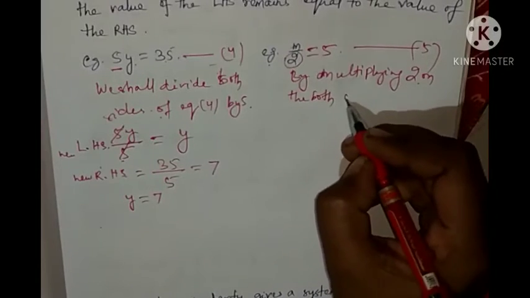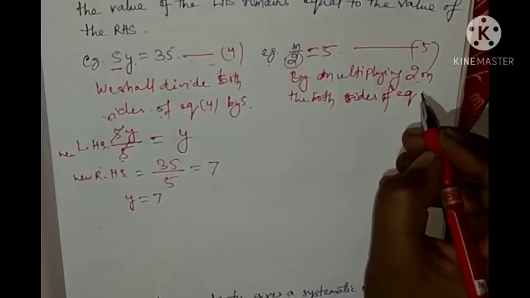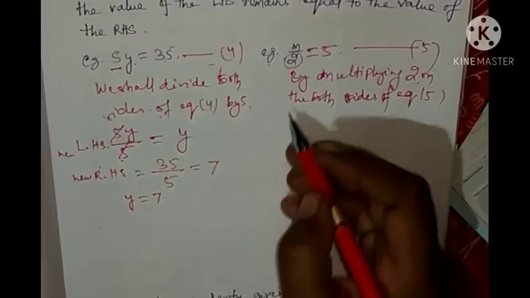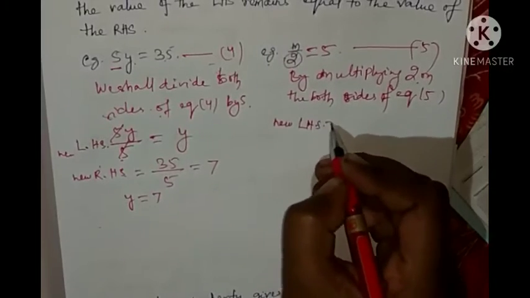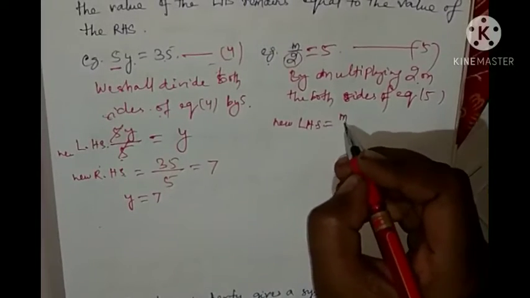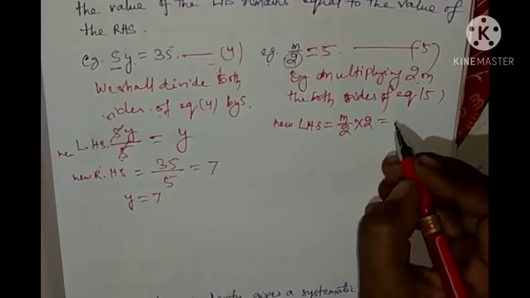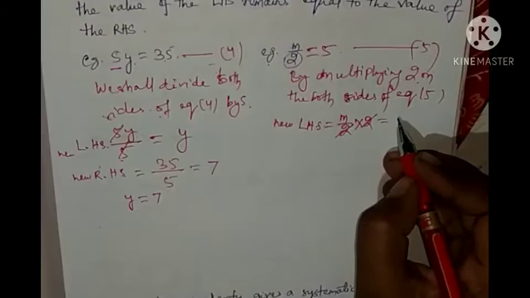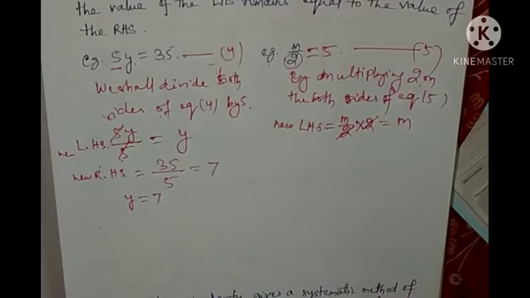So by multiplying both sides of equation 5 by 2, what did you get? New LHS equal to m by 2 into 2. 2 and 2 will cut. What you got? m.